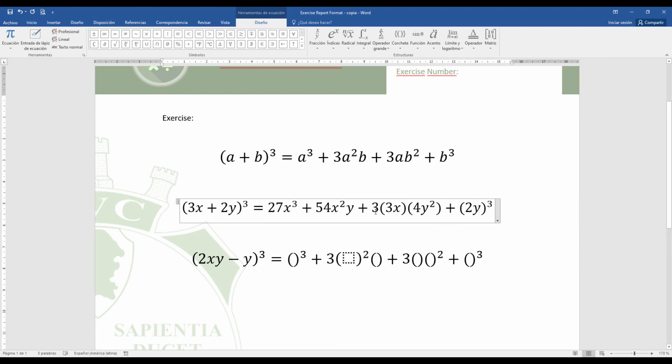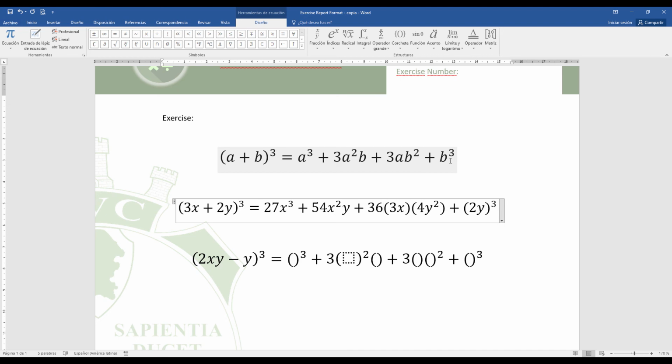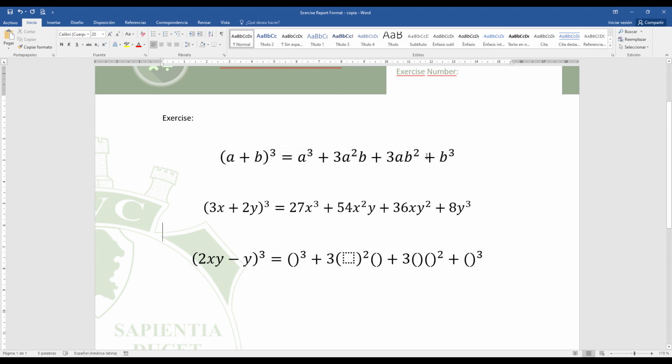I need to multiply here 3 times 3 times 4. This is 36xy squared, and this is the last operation here. This is 8y cubed. Now the last exercise.